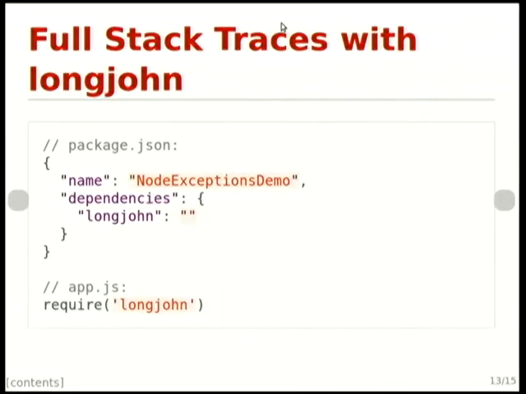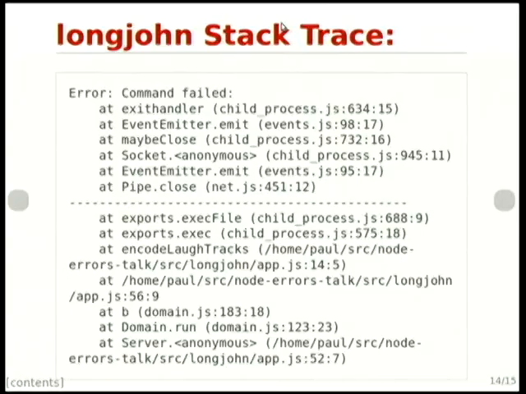So instead, we're going to use a library called longjohn, which works just like magic and will preserve this full stack trace for you. Basically, all you have to do is add a require line to your code, and you'll see stack traces like this instead. Now we have this event emitter stack trace that we had before, but we're also seeing what led up to that.